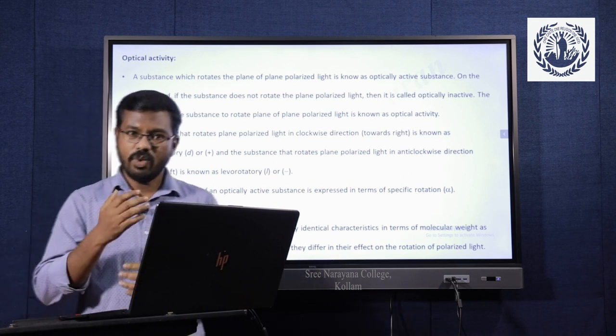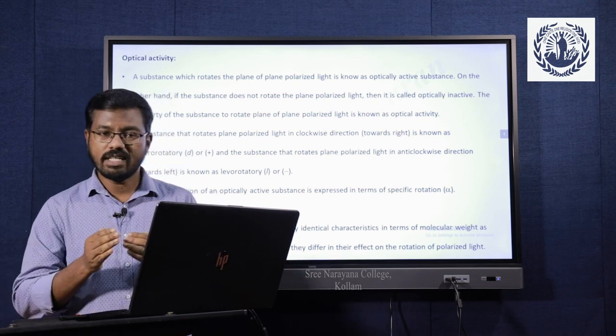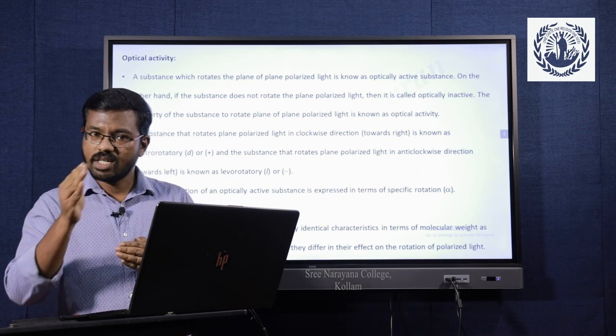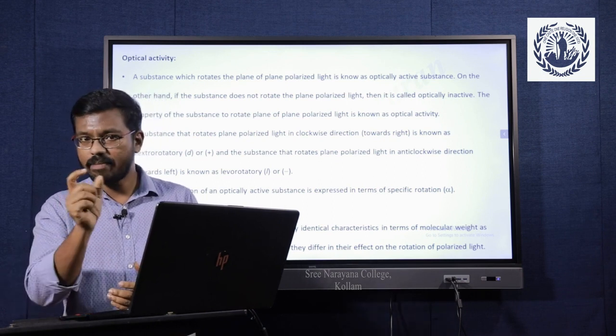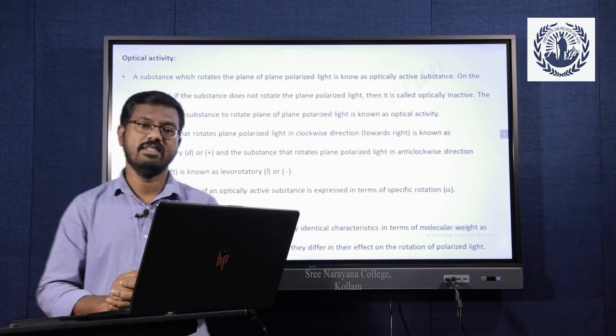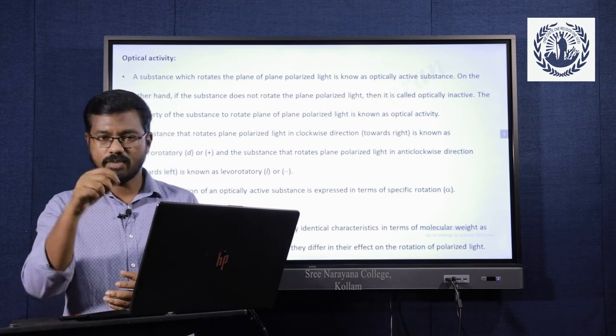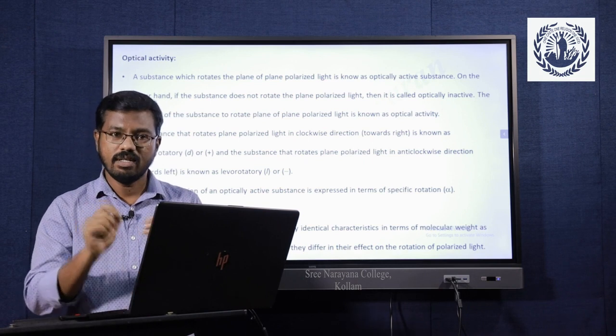If a molecule rotates plane polarized light towards the clockwise direction or right, then it is termed dextrorotatory. We represent it with a small d or a plus sign.